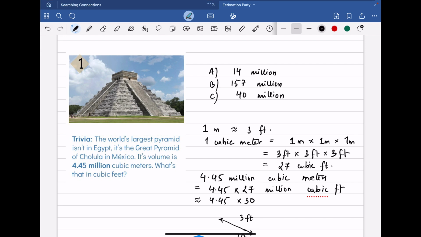So instead of working with 27 cubic feet, we can work with a number slightly higher than 27. That will make our calculations easier, and that number is 30. And 4.45 times 30 is relatively easier to calculate. It's going to be equal to 155.75 million cubic feet.